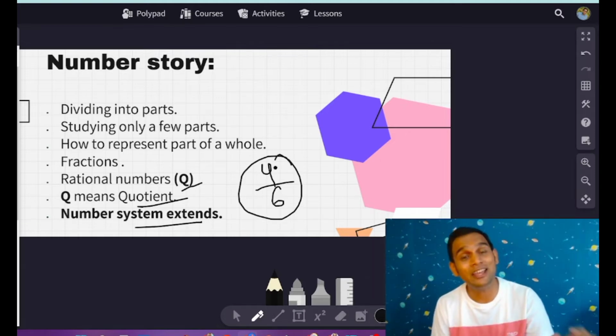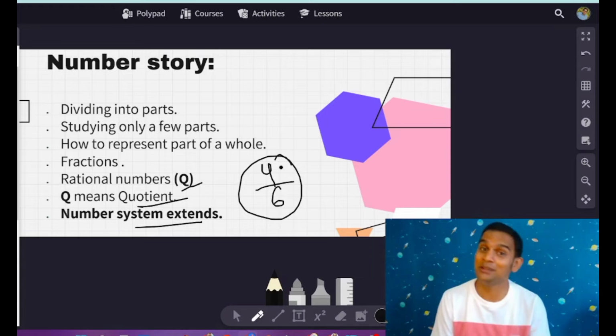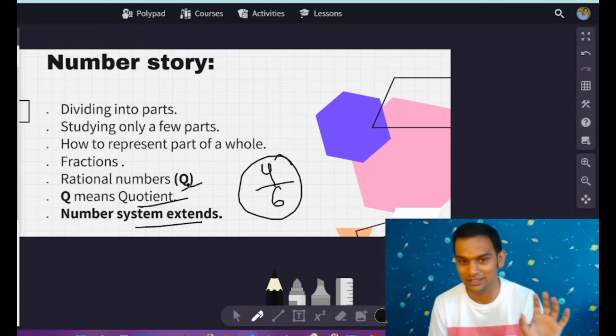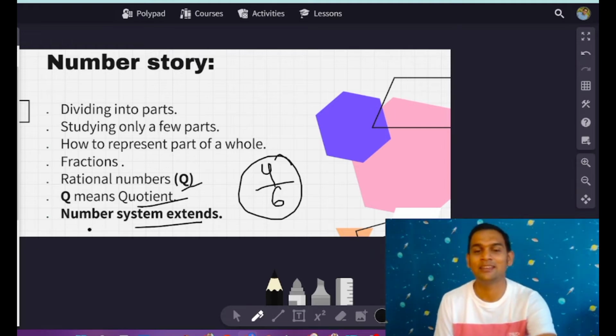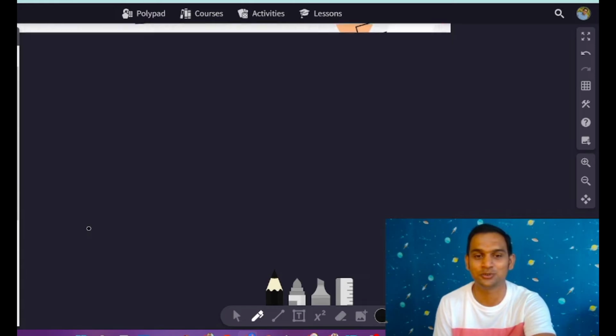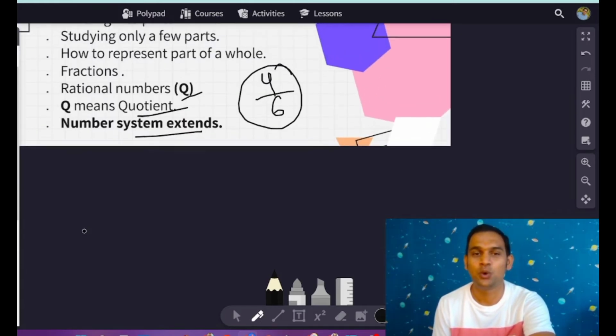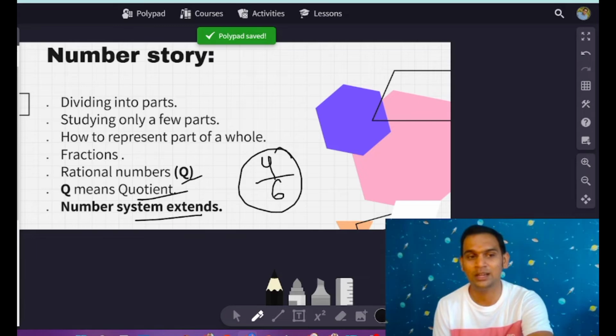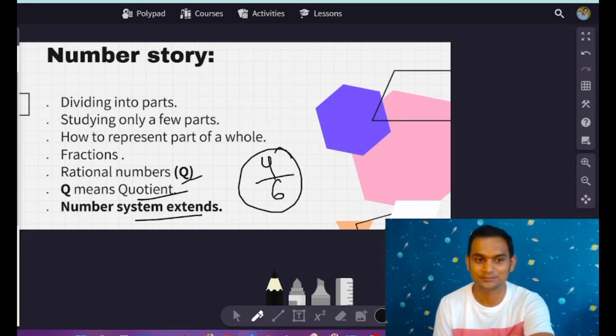So when you divide, you get a quotient. That quotient can be in decimals as well, right? And that is why rational numbers are sometimes represented by decimals, and that's how it is named Q. I hope that makes sense to you. And that was the number story. After this, several number systems were invented as well. We will learn about all those in a while.